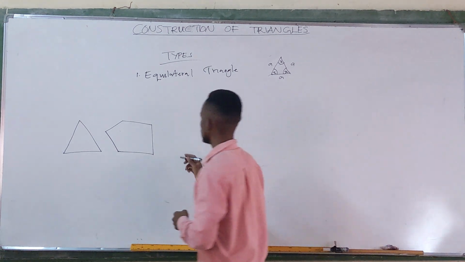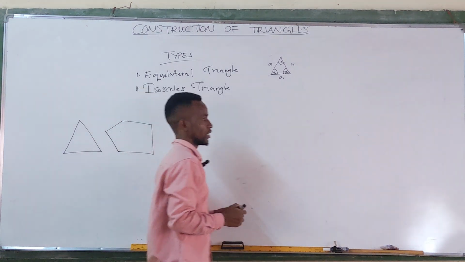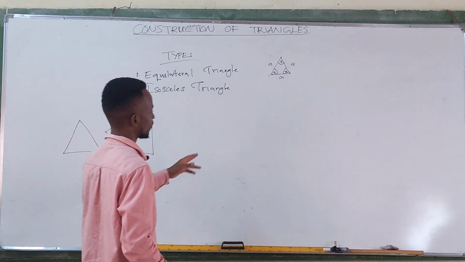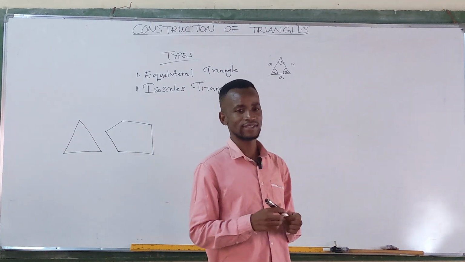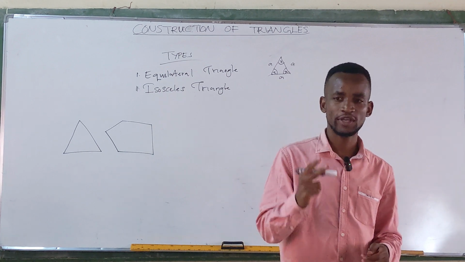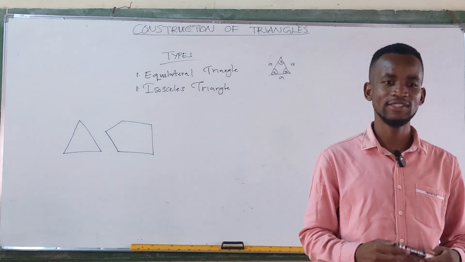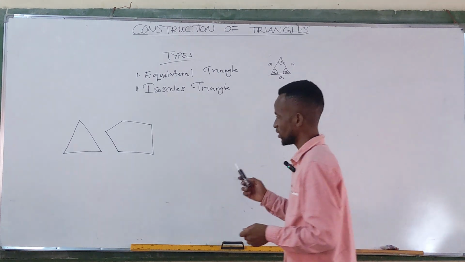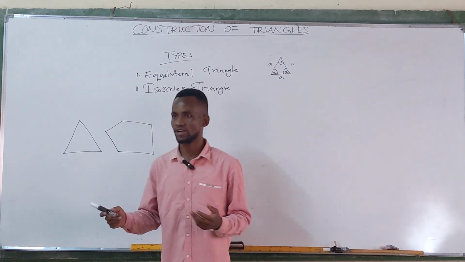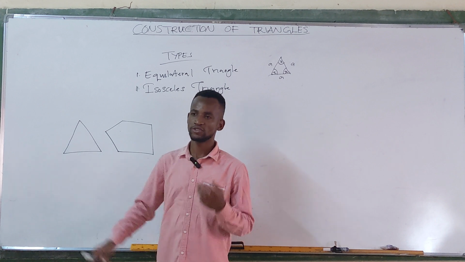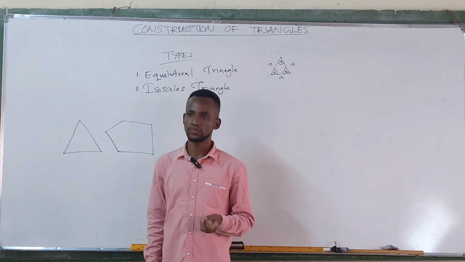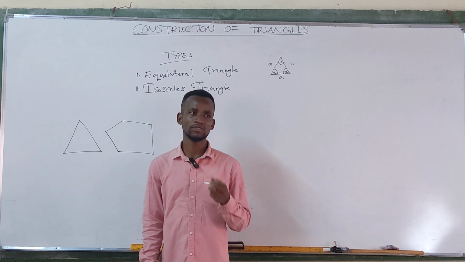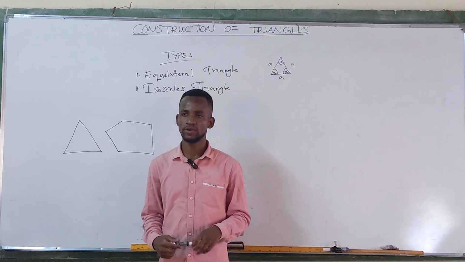The other one is an isosceles triangle. This is a type of triangle that has 2 equal sides and 2 equal angles. So from the 3 sides of the triangle, 2 of those 3 sides are equal, and from the 3 angles, 2 of those 3 angles are equal. As simple as that.